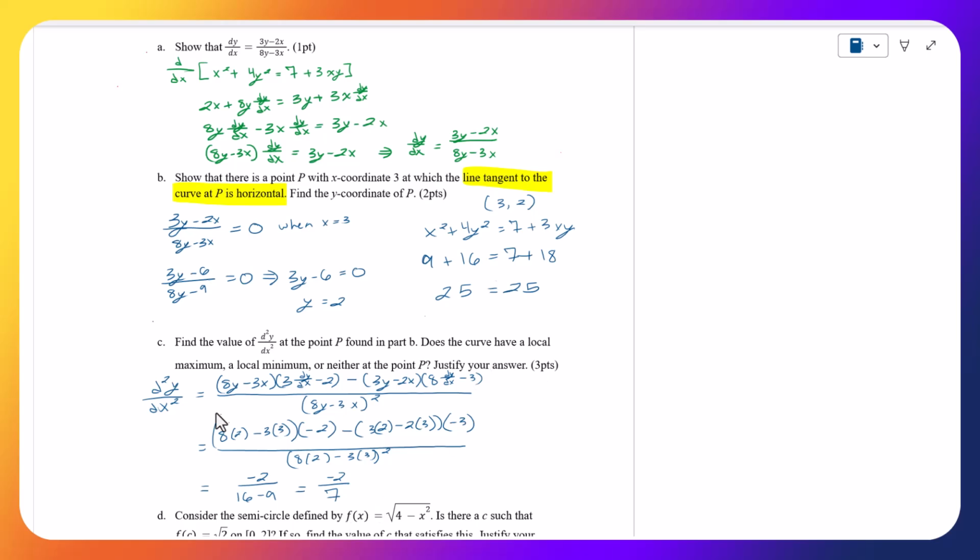Now, is it a local maximum, minimum, or neither? Well, now we're going to think about our derivative tests. Our second derivative is negative. So what does that mean about our function? It means our function is concave down. I'm just going to draw a little picture to help me get an understanding of what's happening. We're concave down.